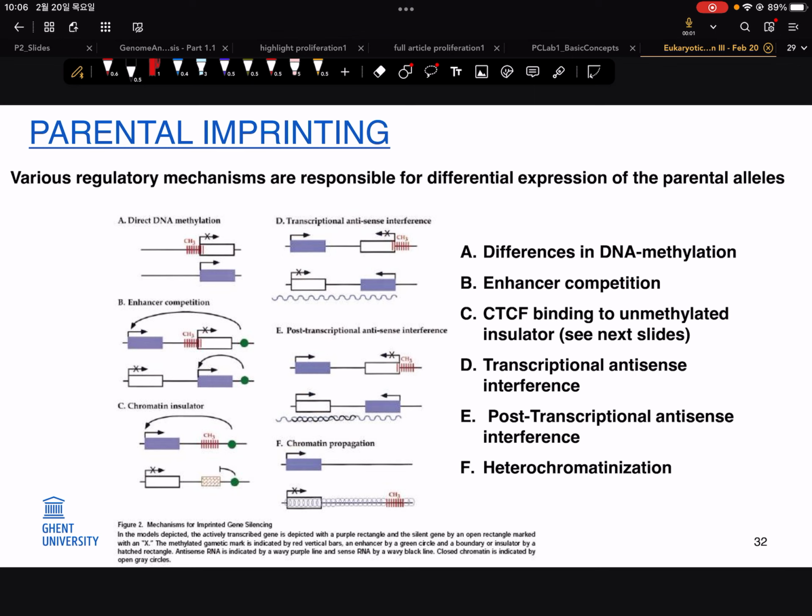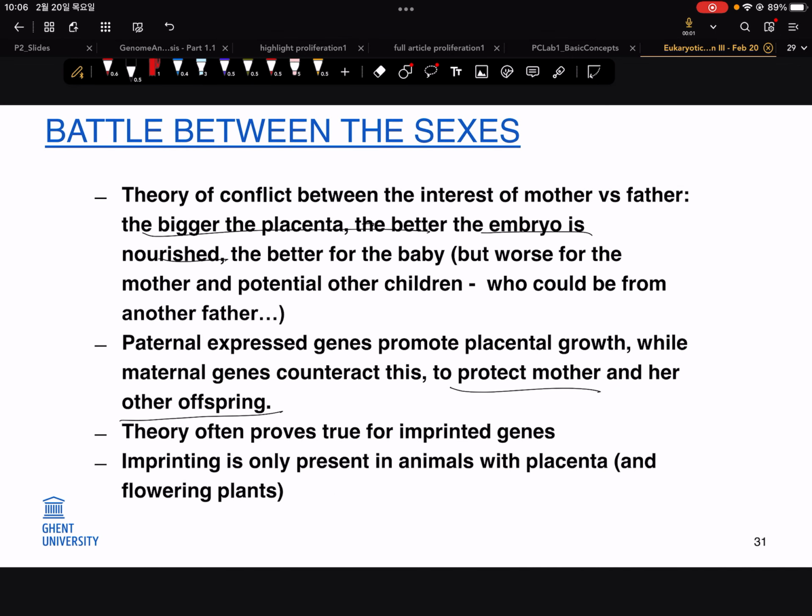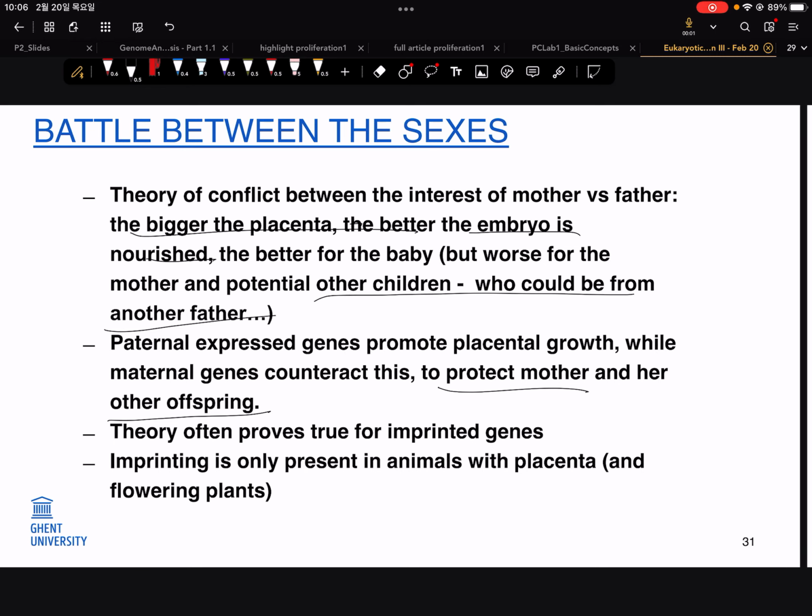So there is a conflict there between what the father wants and what the mother wants. And for many of the imprinted genes, we see indeed that pattern, that paternally expressed genes are promoting placental growth, while maternally expressed genes are mainly counteracting.